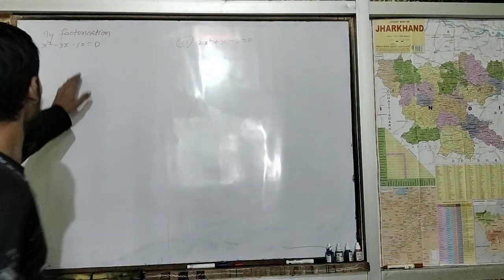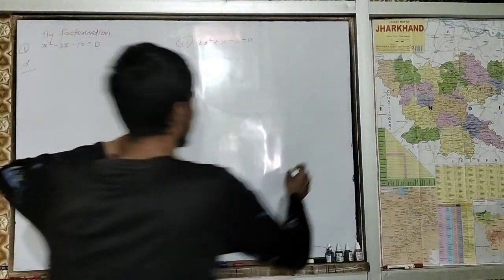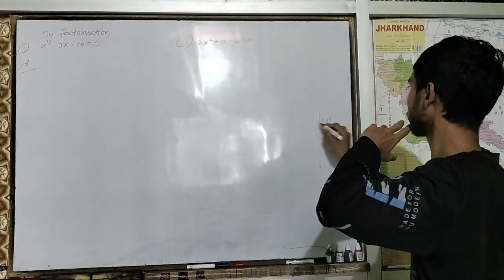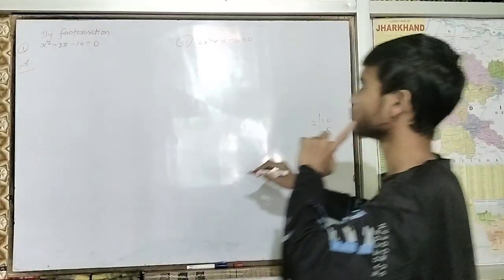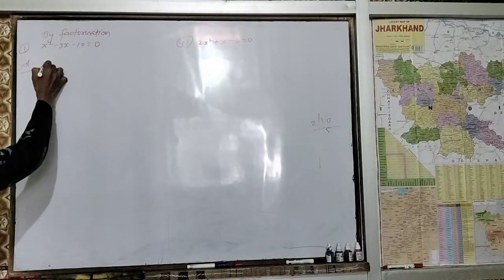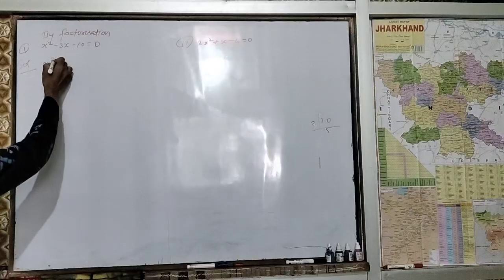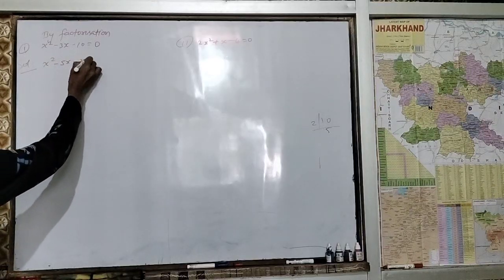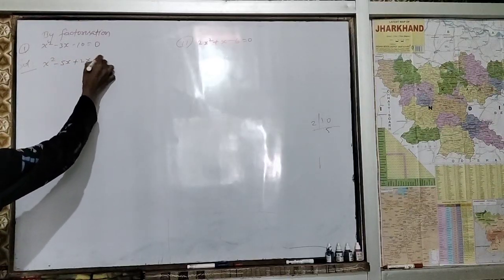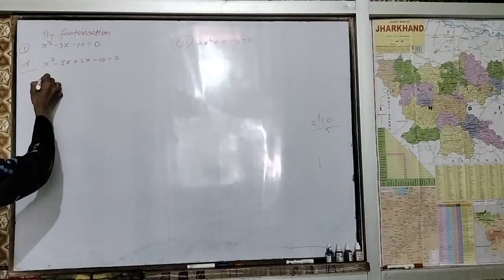The constant term is 10, and 10 is 2 times 5. So it can be written as x square minus 5x plus 2x minus 10 is equal to 0.